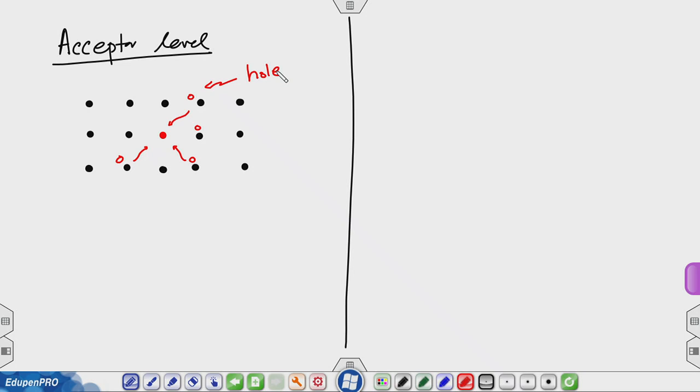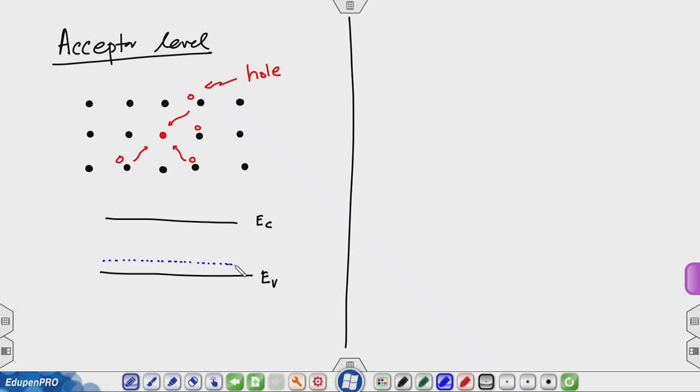We want to calculate how much energy would it require for this to take place, or how much is the binding of the hole. Now, if you look at the picture in the band form, here is E V, here is E C, and I will show you that just like there was some energy required to make the electron free in the case of donors, here also to create a hole one would require certain energy.